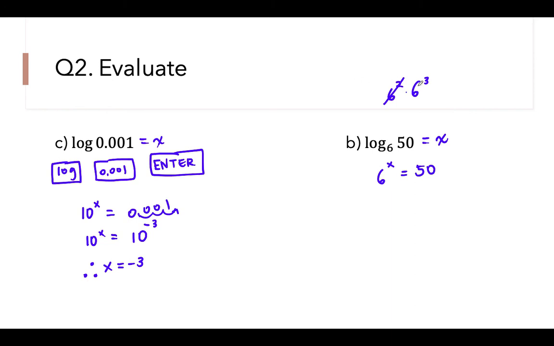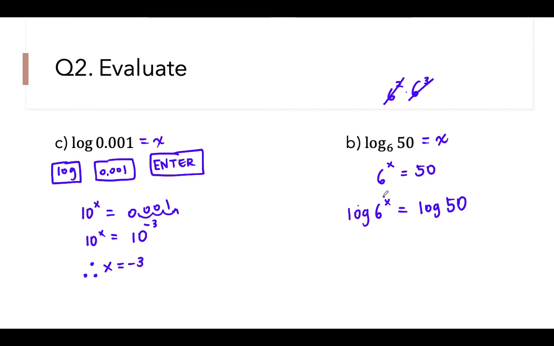So if that's the case, then we are going to change it into the same base. So we're going to attach log to both sides. So log of 6 to the x equals log of 50. You can do that as long as you do the same to the left side and the right side.